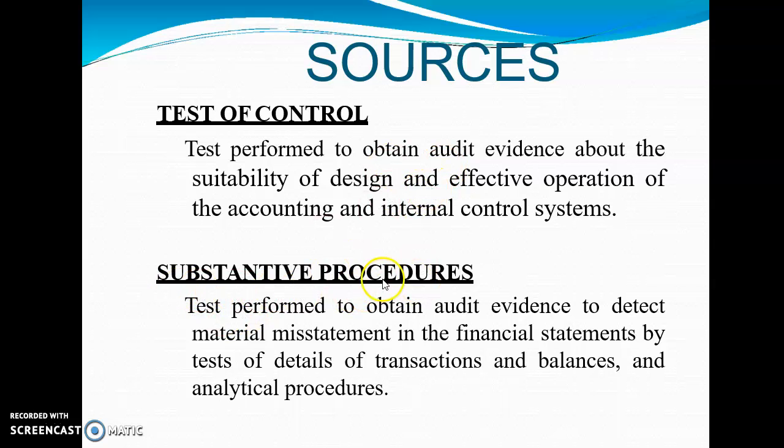And then substantive procedure is the test performed to obtain audit evidence to detect any material misstatement in the financial statement by using detail of transactions and balances, and also analytical procedure. Analytical procedure is where you look at the trend or any changes in the ratio, and you make a comparison of the figures.